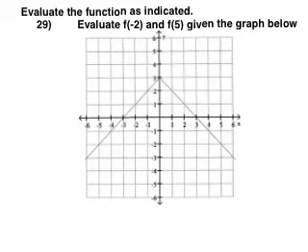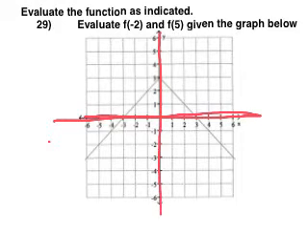Those are all inputs, okay? And then it's showing us all the y outputs, which are everything that can be measured on the y, right? And remember, f of x equals y. It's the same thing as y, right?